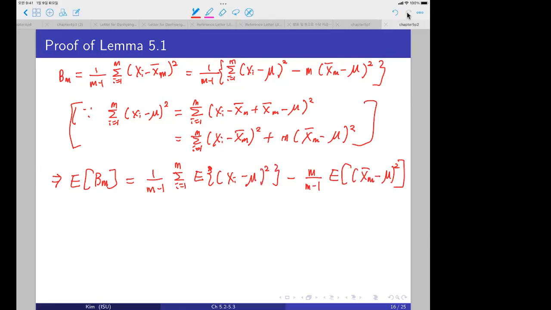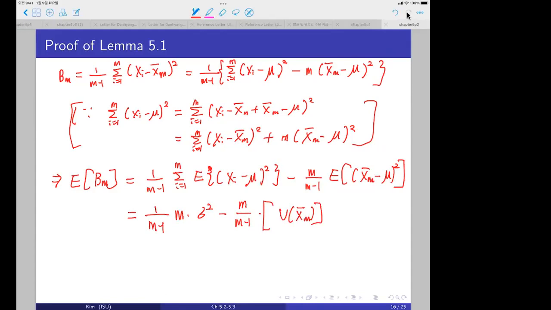I don't know whether this is the best. This is one way, it's not necessarily the best way, but since I already started, I just finish. So sigma x, right? We assume identical. And then this is essentially the variance of x bar, right?